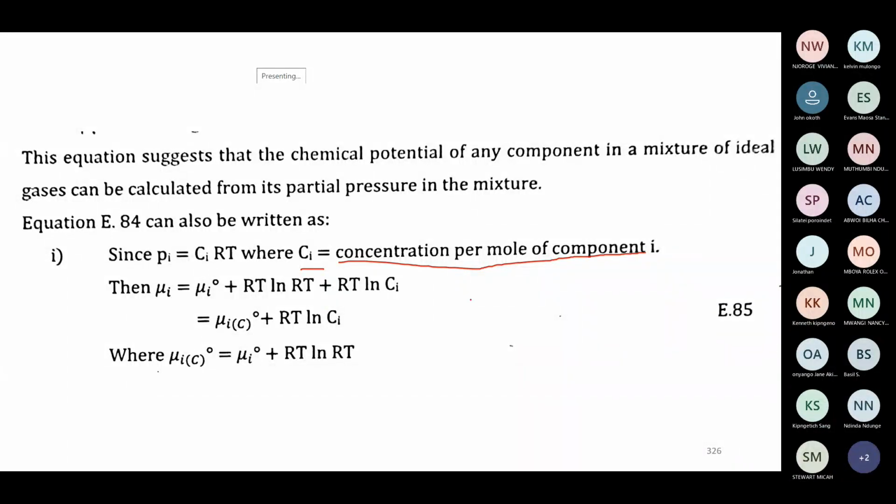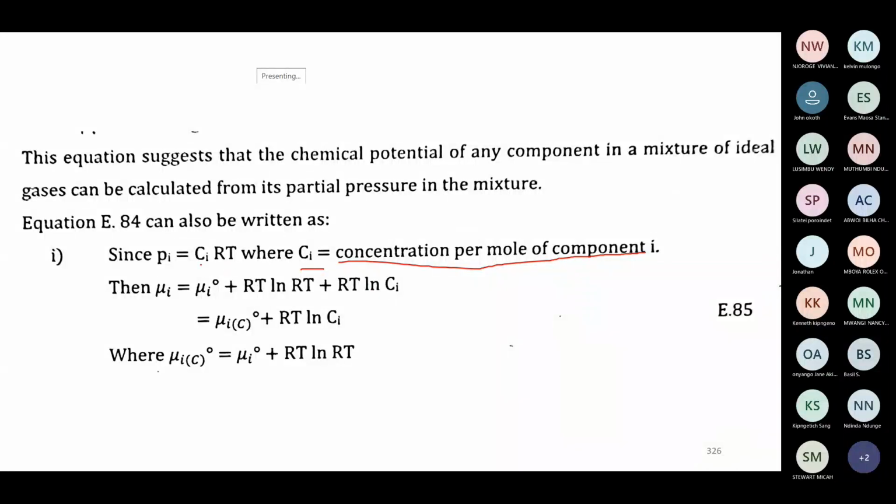So here, mu i is going to be given by mu i naught plus RT ln of Ci RT.